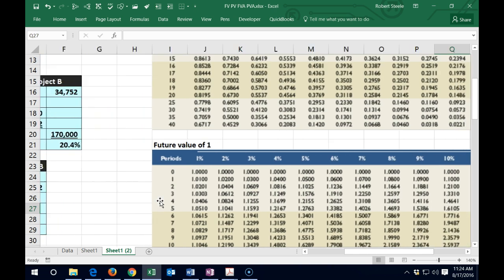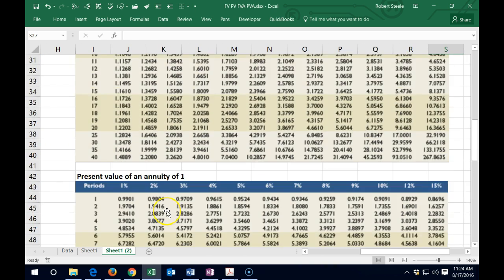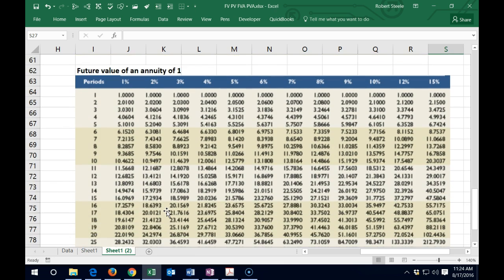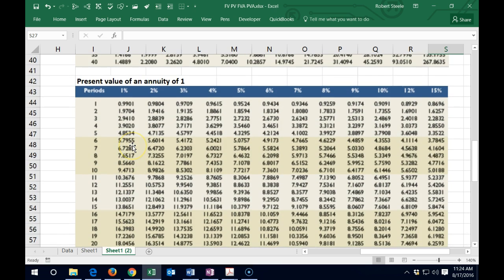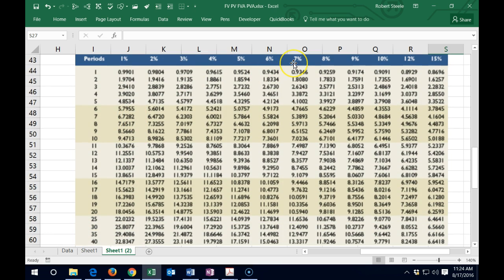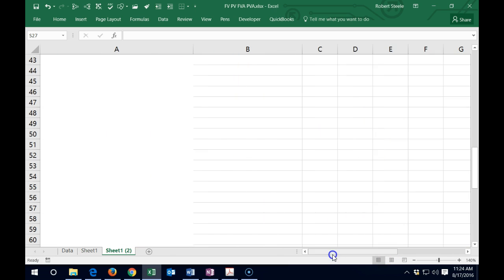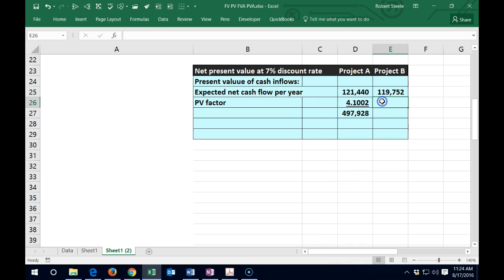If we do the same thing over here for the 4-year project, we're going to have a different annuity number. So we have the present value of an annuity, 7% still, but we're going down to 4 years, which is 3.3872. So we're going to take that number, go back here, put my cursor here, and format paint that.